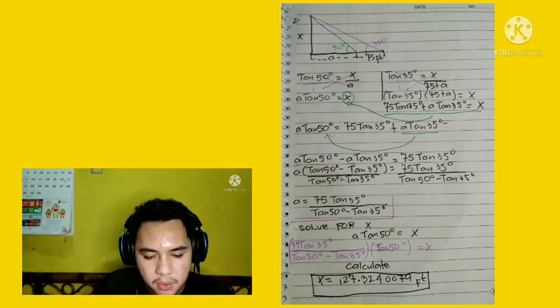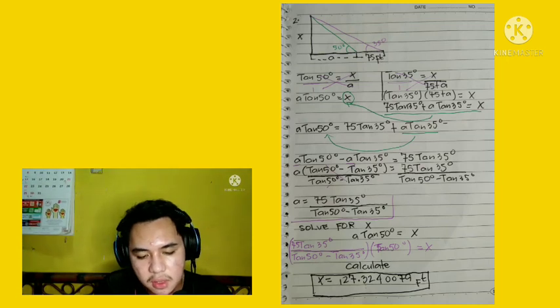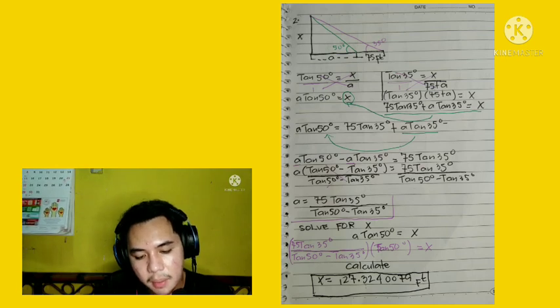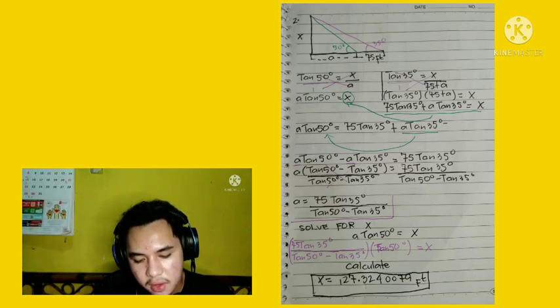So we multiply both sides by tangent 50 degrees minus tangent 35 degrees, and we will get a equals 75 tangent 35 degrees over tangent 50 degrees minus tangent 35 degrees.